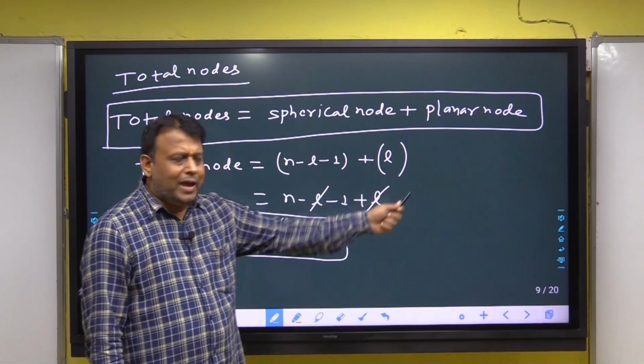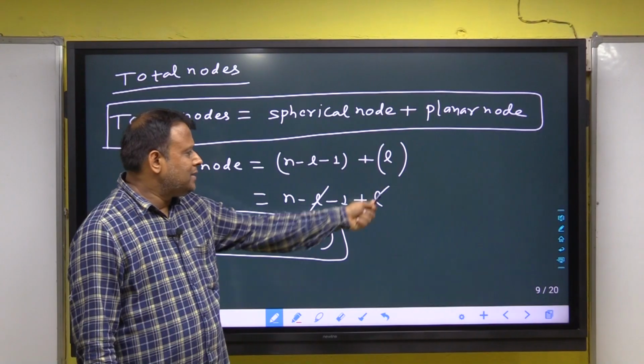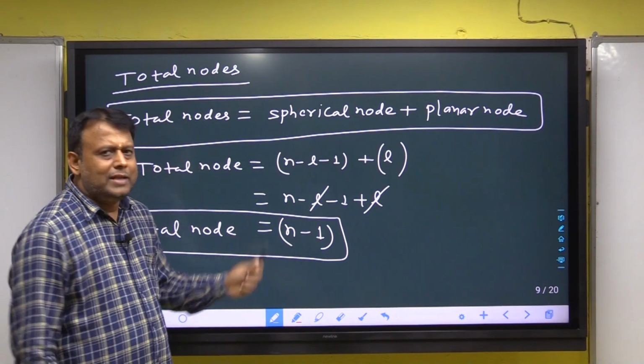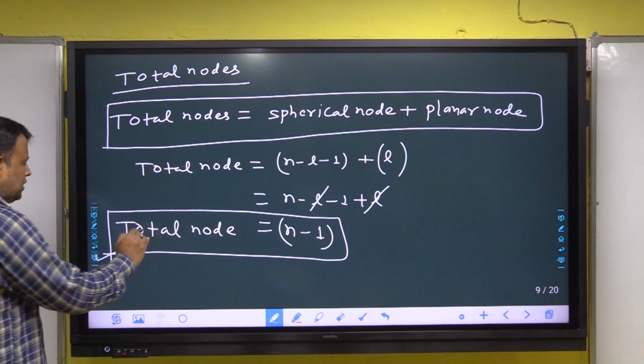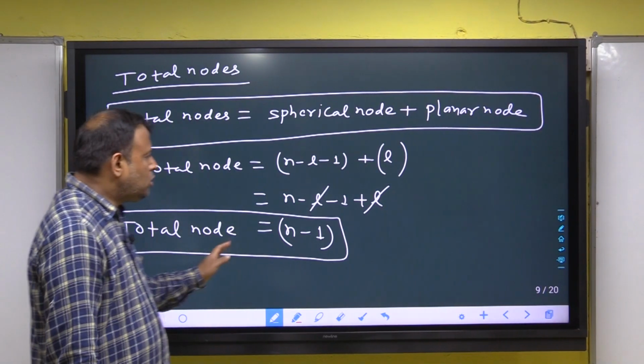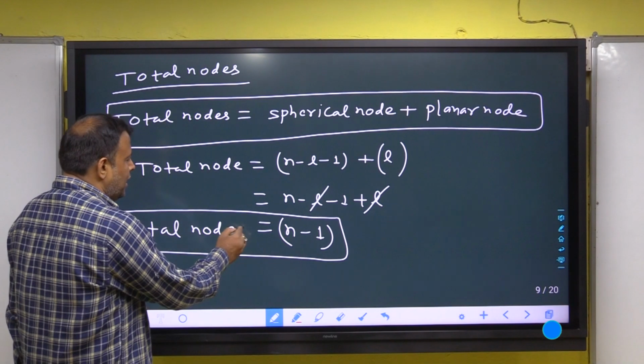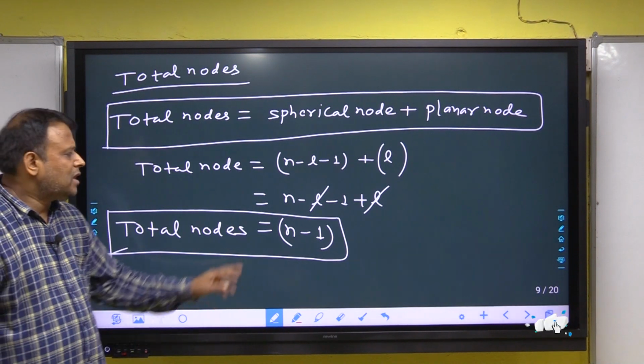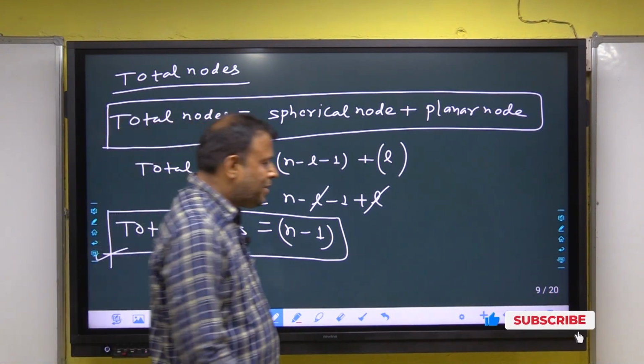Formula of planar is L. So n minus L minus 1 plus L, L cancels, and hence the formula of total nodes is equal to n minus 1. Always keep in mind total nodes is n minus 1.